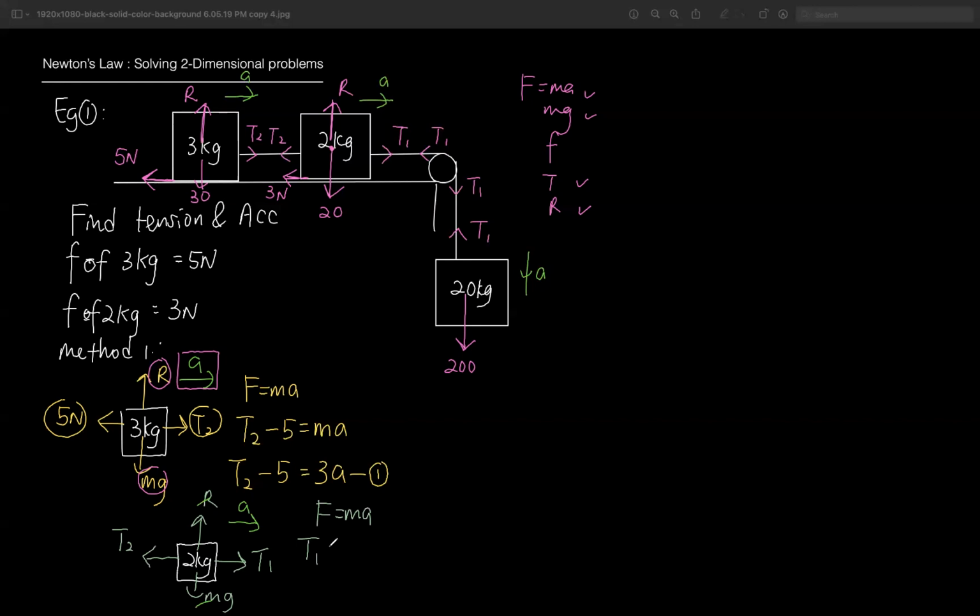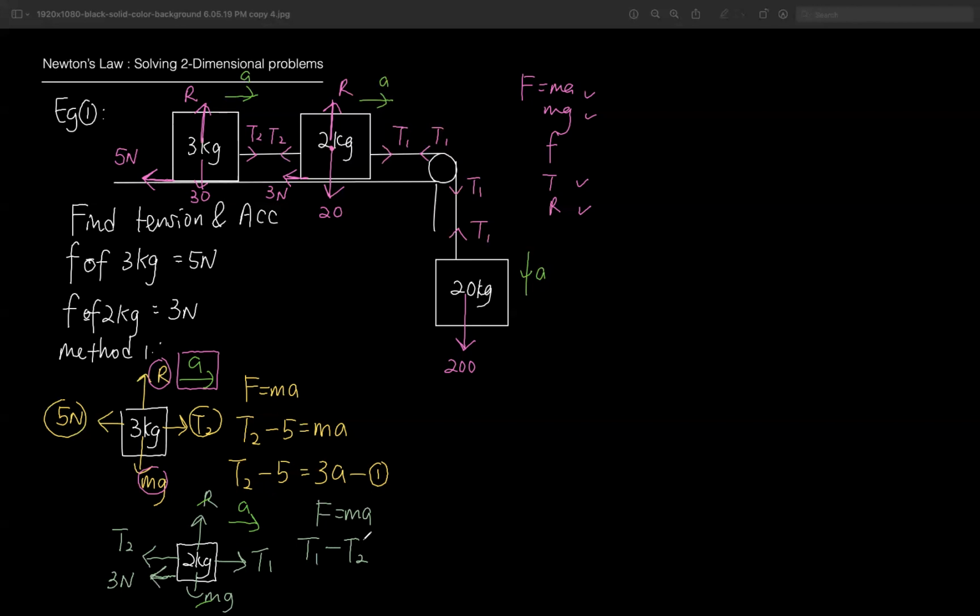T1 minus T2. Now, I left out one thing, which is the 3 Newton resistance, right? Okay, so let me add it in my diagram. Over here, you have another 3 Newton. So the 3 Newton also has to be included.